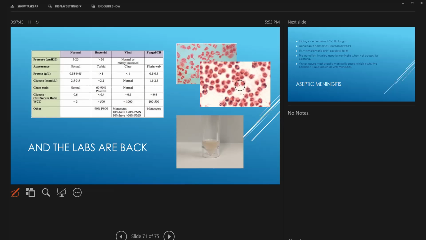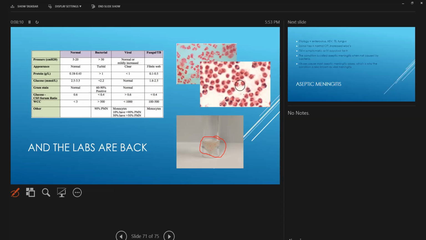In a bacterial infection, you're going to see an increased opening pressure as the bacteria are producing gas, which is increasing the opening pressure. The appearance is going to be turbid, which means that you can't easily see through it. With protein greater than 1 gram per liter, a decreased glucose because the bacteria in here are gobbling up all the glucose for energy.